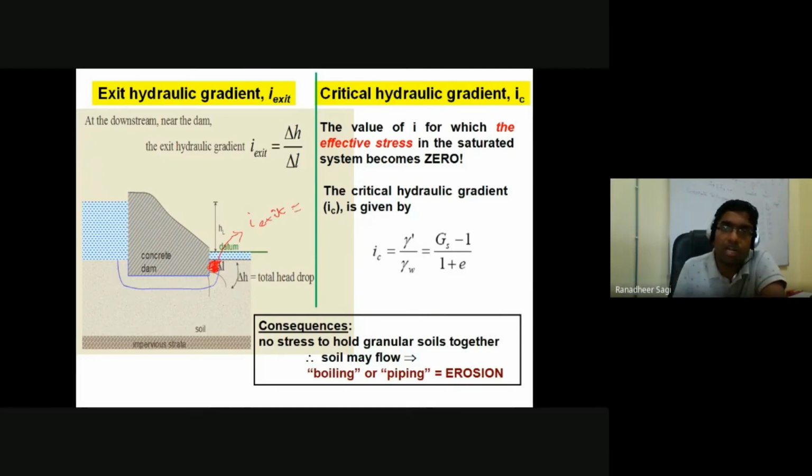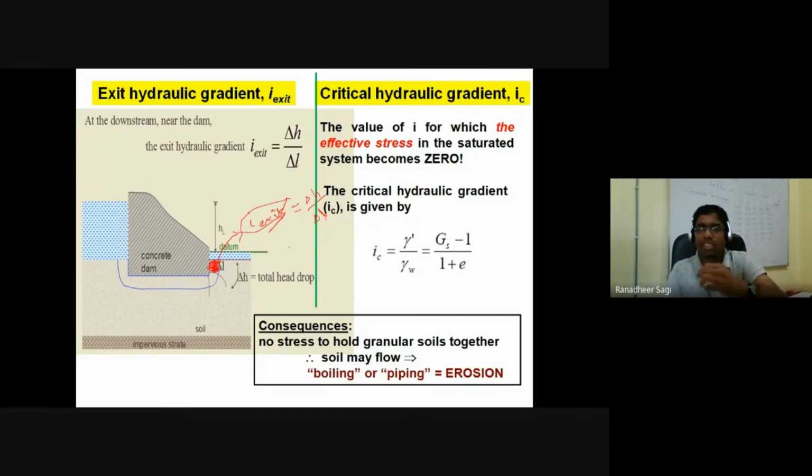Hydraulic gradient is simply total head loss by length of seepage. Here I am talking about the hydraulic gradient only in the exit element.